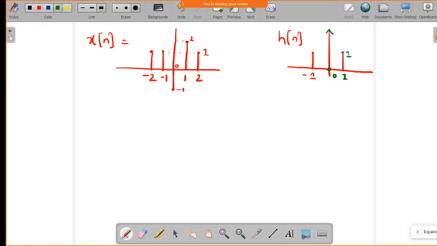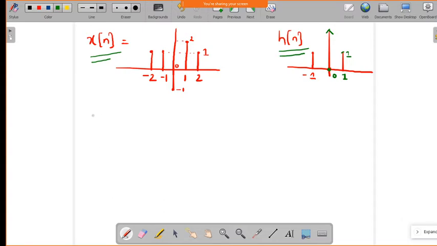So, this is your h of n and this is your x of n. Now, I want to get the convolution output of the system, if x of n is this one and h of n is this one.